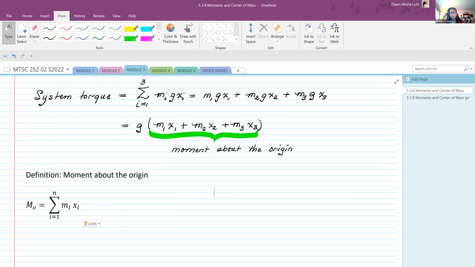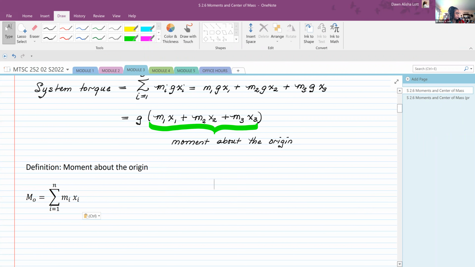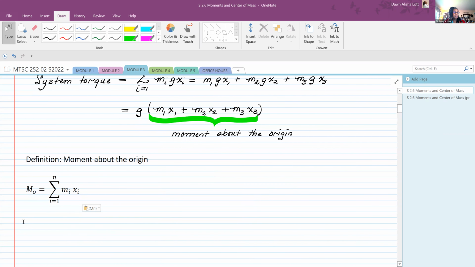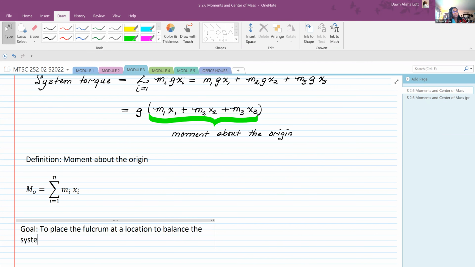Our goal is to figure out where we can place the fulcrum with the masses as they are so that we can balance the system. So this is our goal.